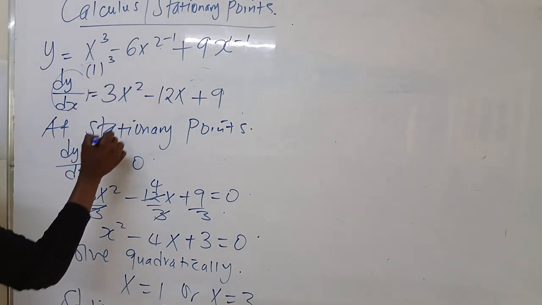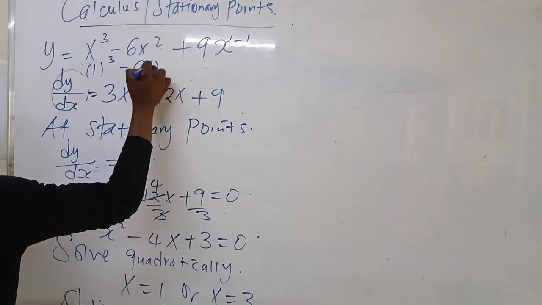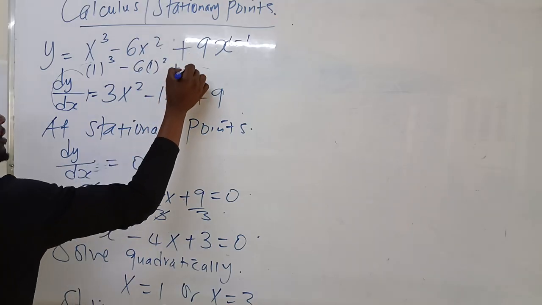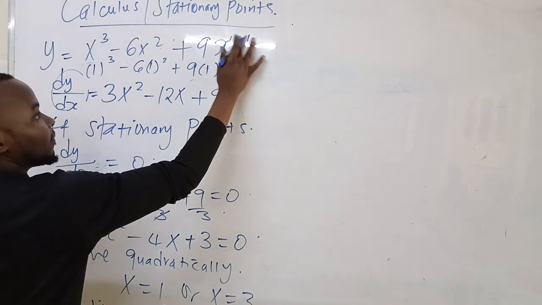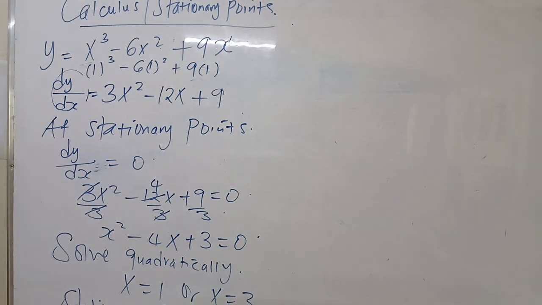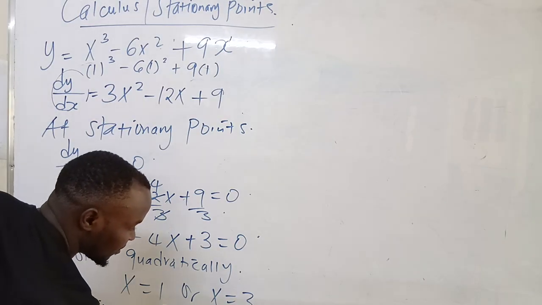You have 1 cubed plus 6 times 1 squared plus 9 times 1, and that will give us the value of y as 4.